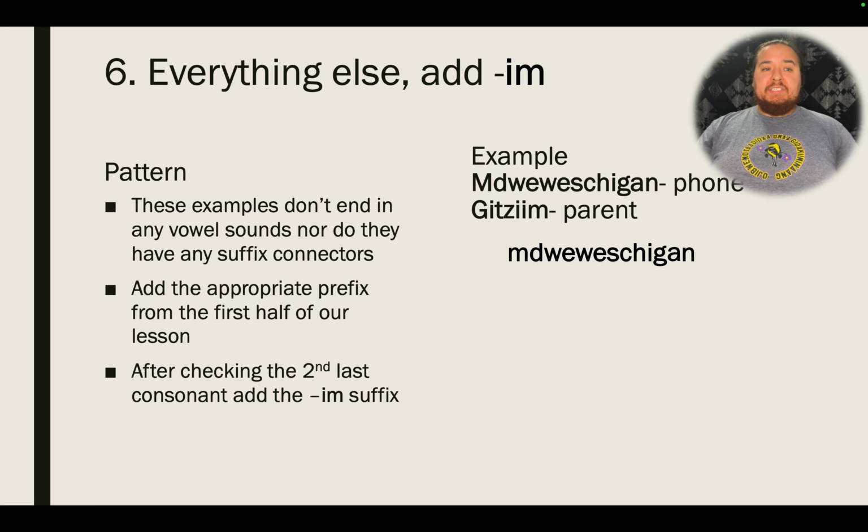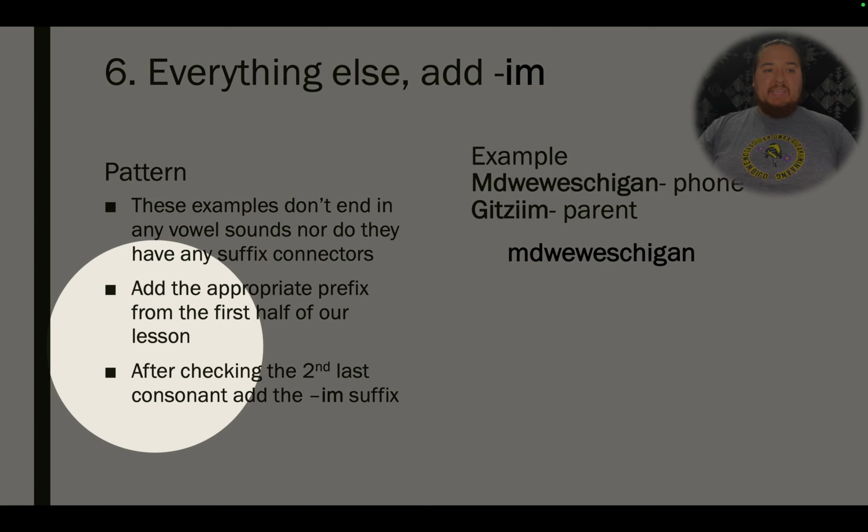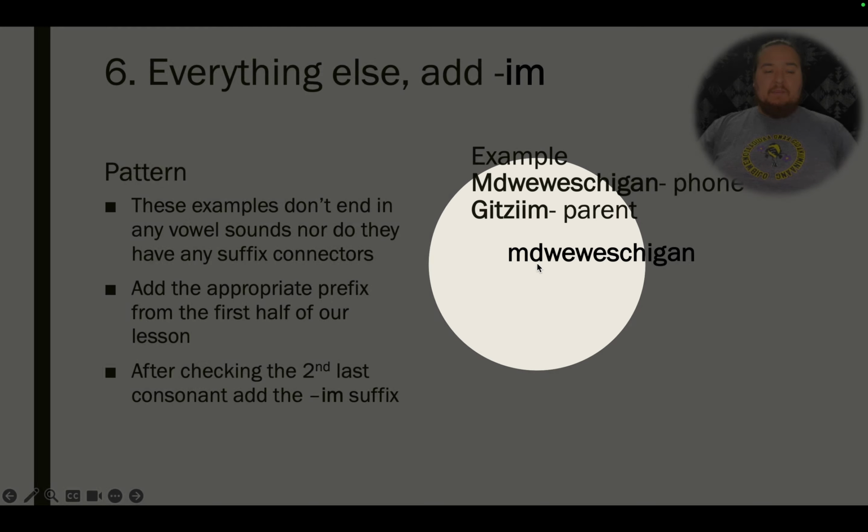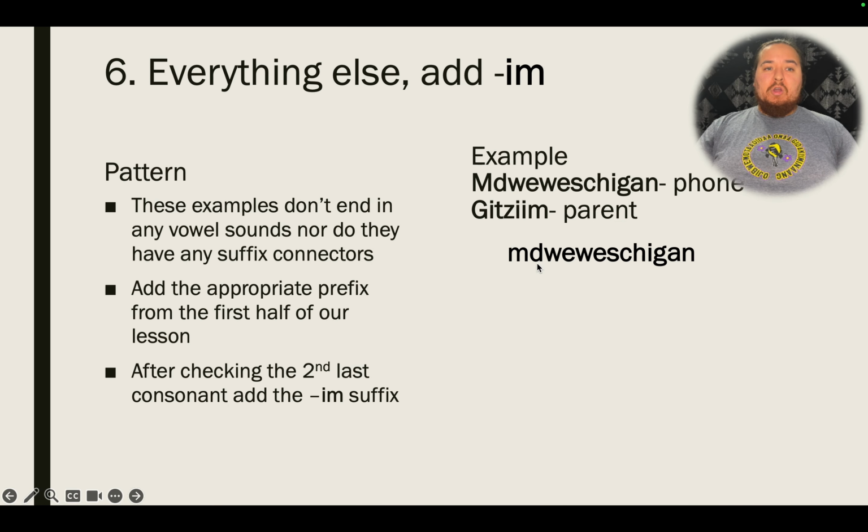So for mdweweshchigan, since it has a cluster of consonant sounds at the beginning, MDW, we're going to use our extended pronoun do to give us some space. We're going to add in the N suffix for mine. So ndom dweweshchigan. Next, we're going to check our second last consonant rule here.